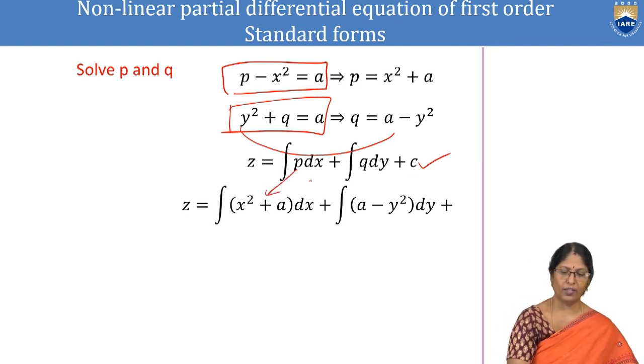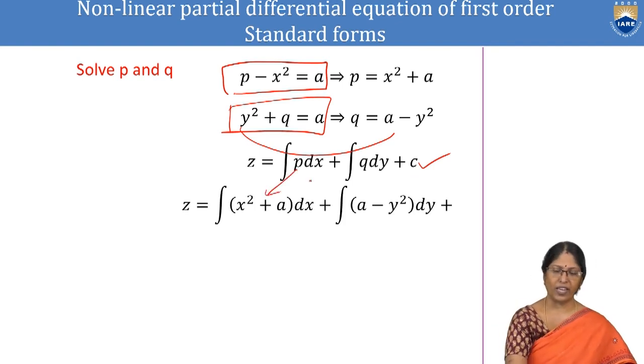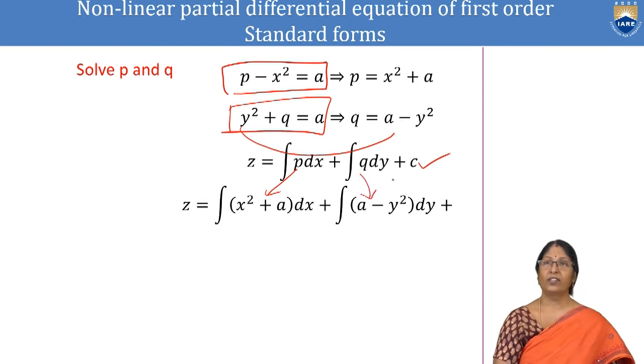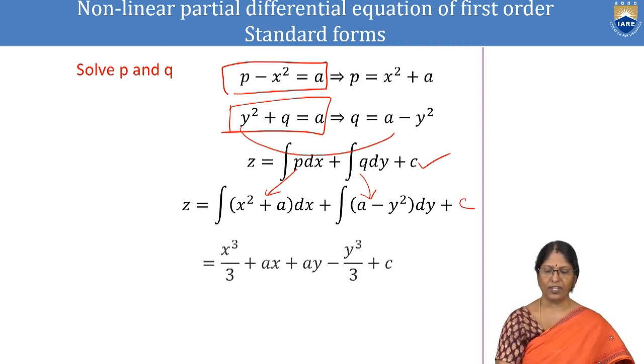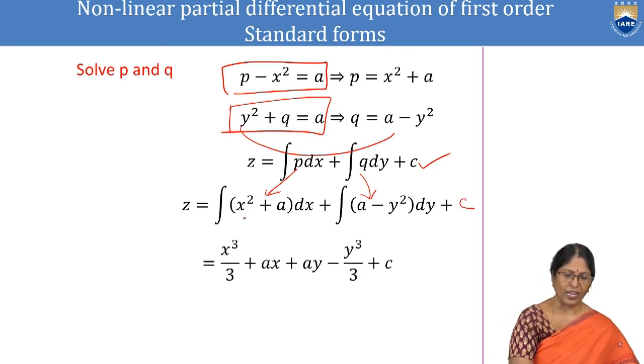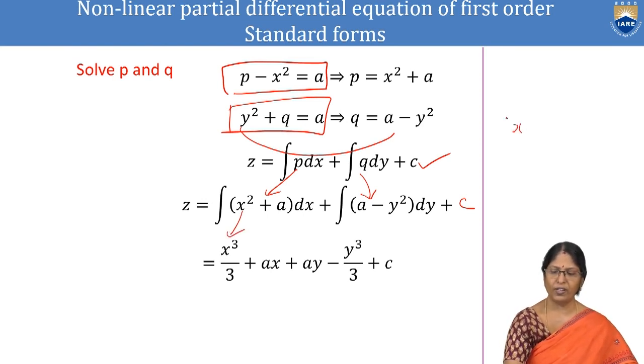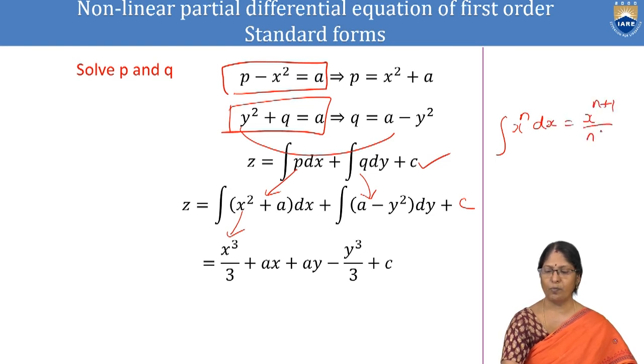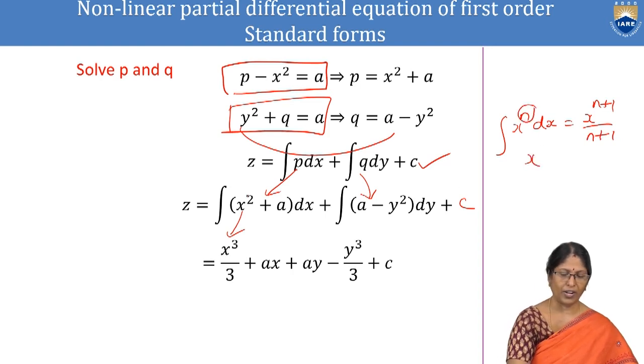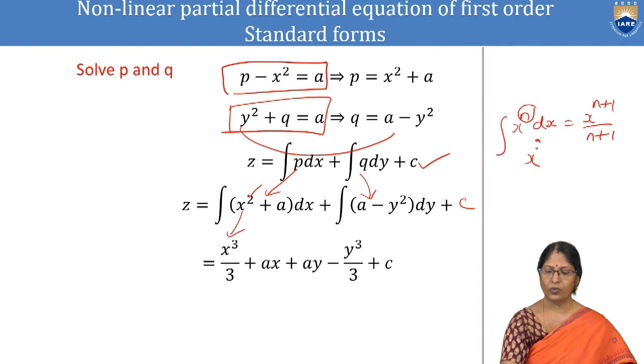So p is substituted, that is x square plus a. Q we substituted, that is a minus y square, plus c. Now the integral of x square, we know, x power n dx, the integral is x power n plus 1 by n plus 1. Our n is 2 here.